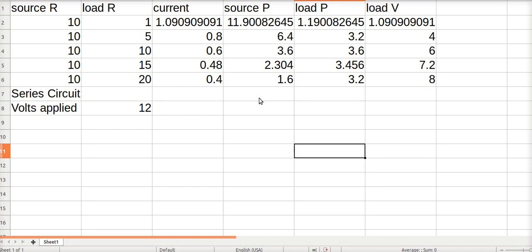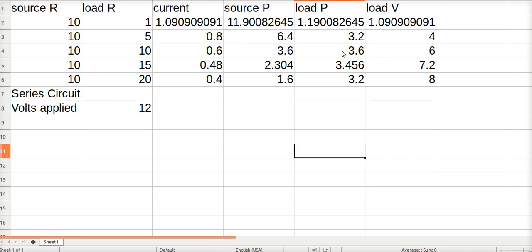The utilities isn't the best example, because what you see here is that my best power transfer happens when my source resistance is equal to my load resistance. So what you see here is my load power is the highest when my load resistance is equal to my source resistance.